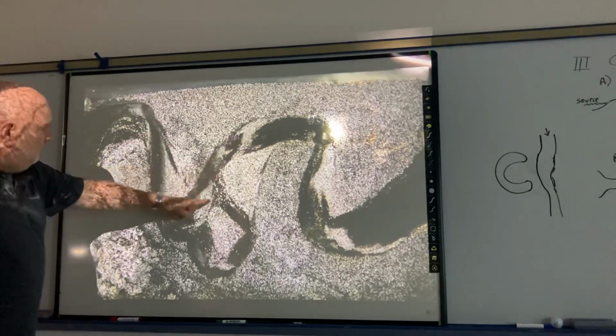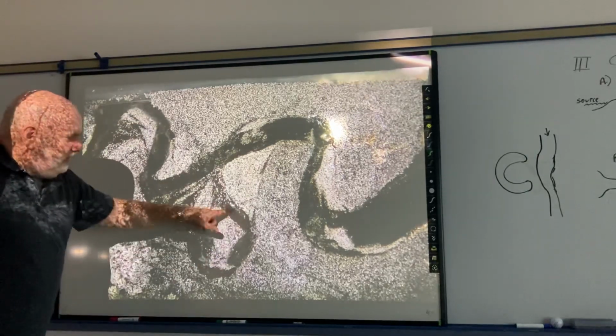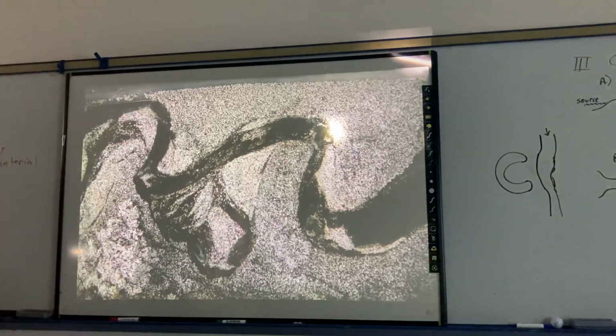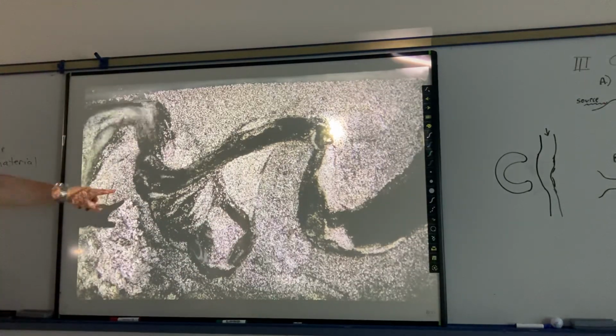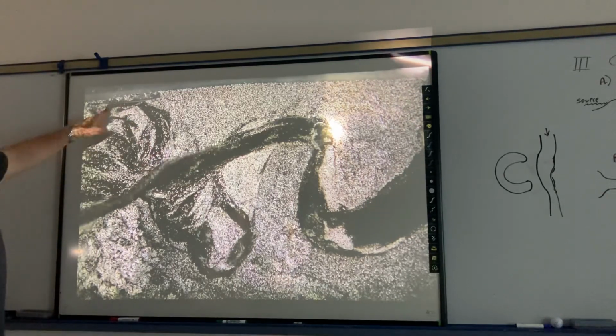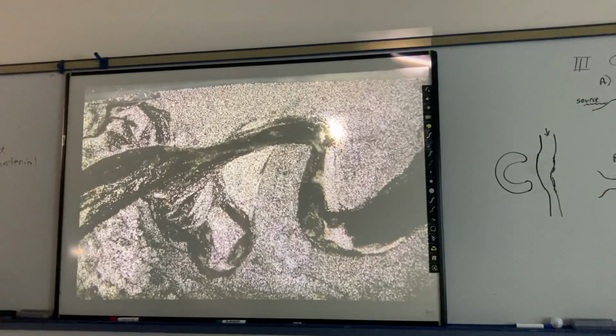All right, so now most of the water is going this way. This part that used to be the river, that would be where an oxbow lake forms now. All right, so that would be an oxbow lake. And up here, you'll eventually see that this will cut through, and that leaves that section right there. So most of the water is going right there, so that'd be an oxbow lake as well.